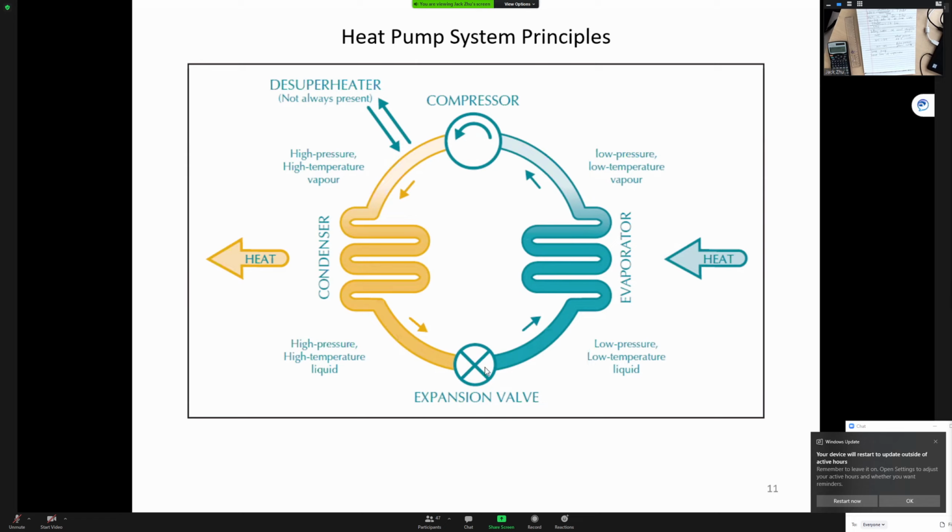When the liquid passes through the expansion valve, it suddenly becomes low pressure. When the pressure drops, the boiling point drops. And when the boiling point drops, that liquid at that temperature is going to try to vaporize.